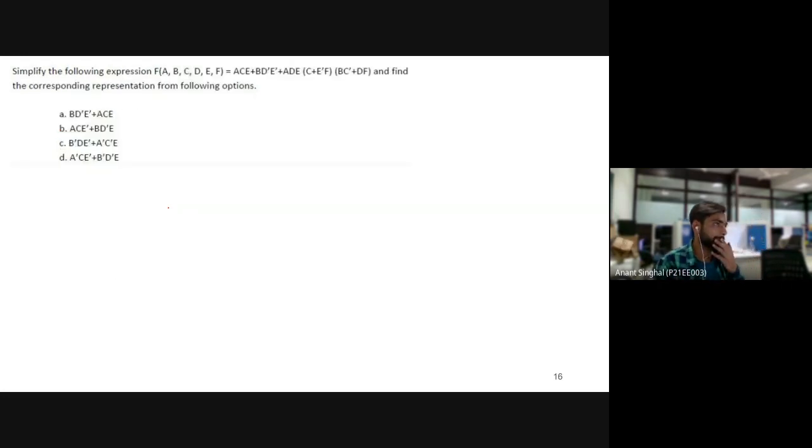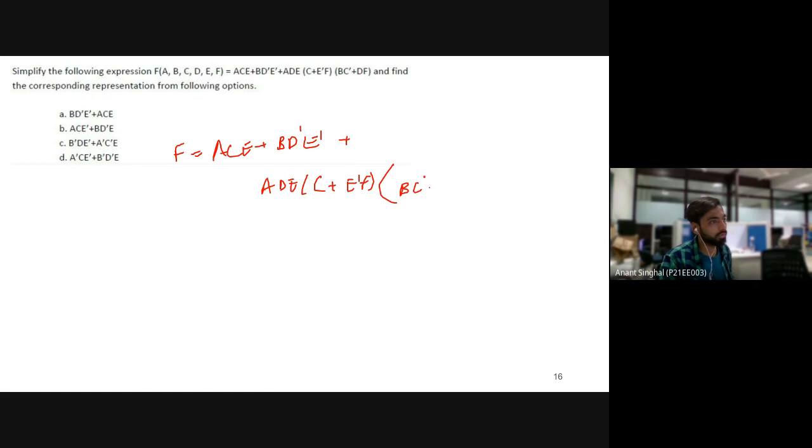Okay. This is a question maybe you all can try. This is a six variable question which says that f is nothing but ace plus b d bar e bar plus this long term. Let me try to write it here: a d e c plus e bar f, and then b c plus d f.